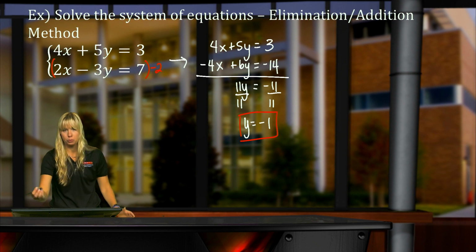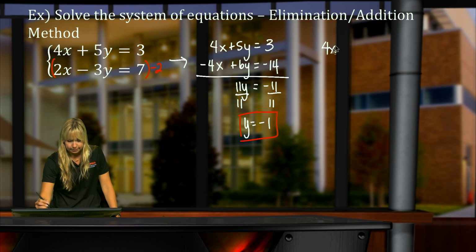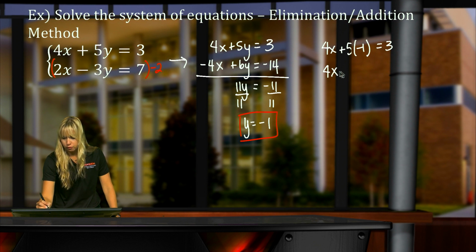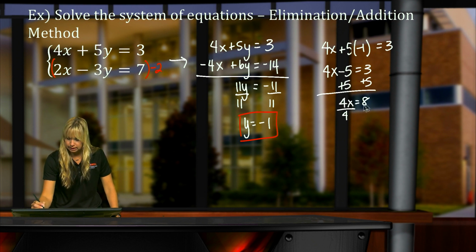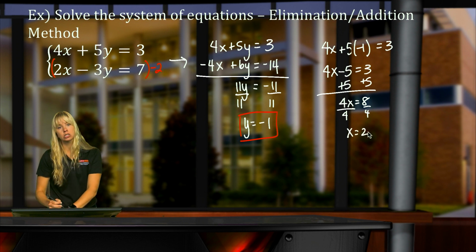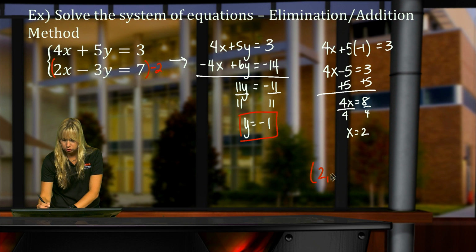I'm going to use the first equation for no reason other than it's first. 4x plus 5y, and I forgot to substitute, so go back to that. 5 times -1 equals 3. So 4x minus 5 equals 3. Add 5 to both sides. 4x equals 8. Divide both sides by 4. x equals 2. My solution, written as an ordered pair, is 2, -1.